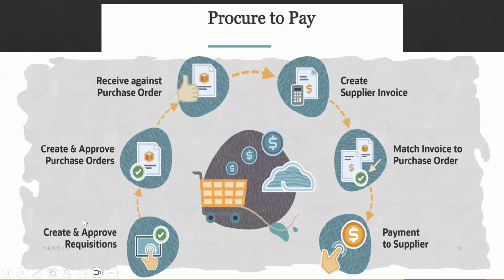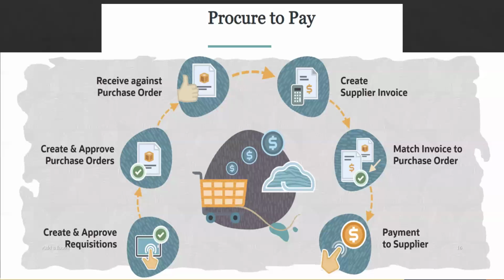So we raise an inquiry to the suppliers, get quotations from the suppliers, and based on the quotations, we raise the purchase orders. First, we'll raise the requisitions: we need 1,000 tons of iron.